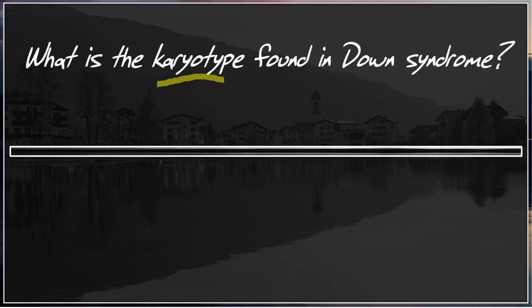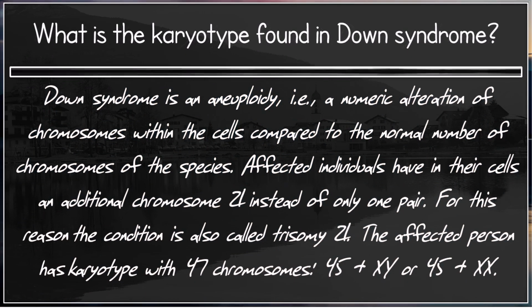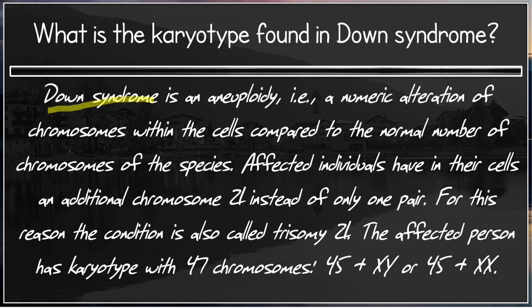What is the karyotype found in Down syndrome? Down syndrome is aneuploidy, that is, numeric alteration of the chromosomes within the cells compared to the normal number of chromosomes of the species.